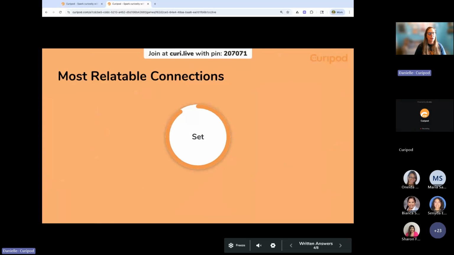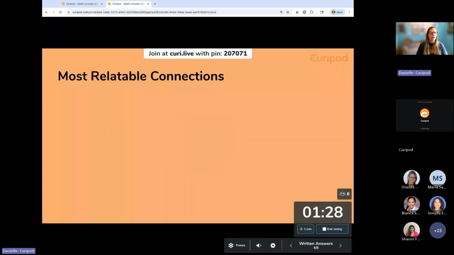Again, if you've never used Curipod, it's very engaging. It gives you the opportunity to have students review each other's work anonymously. It's so important because now every student's voice is heard in every class, and it takes away that nervous feeling. I think someone mentioned nerves and butterflies in their stomach. Oh my gosh, yes.